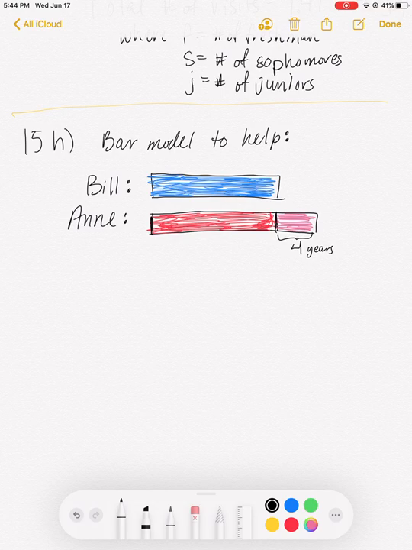The next part of our story says that Carmen is 1/5 as old as Anne. So we take Anne's bar and divide it into 5 equal pieces for Carmen's age.